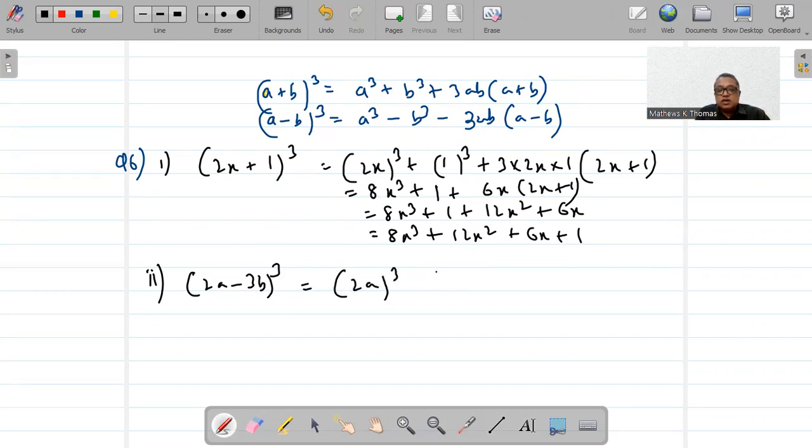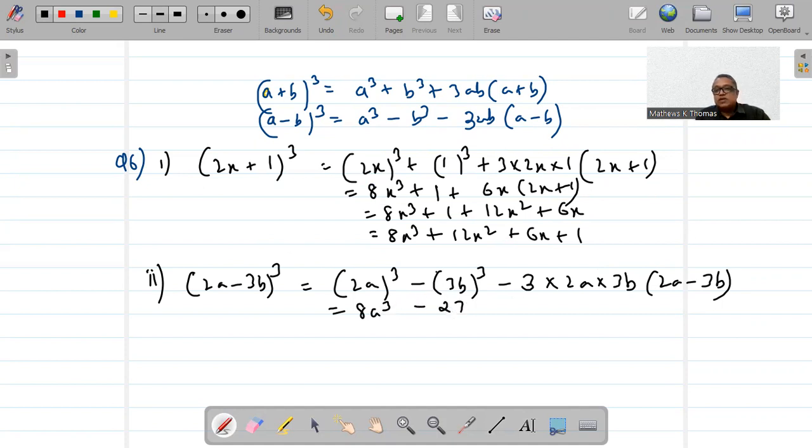Since there's a negative here, I'm going to use this identity. So this is going to be 8a cube, minus 3 into 3 into 3, 27b cube. 3 3 is 9, 9 2 is 18. So that is minus 18ab bracket 2a minus 3b.